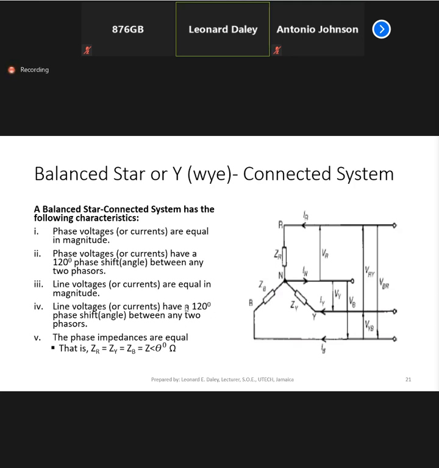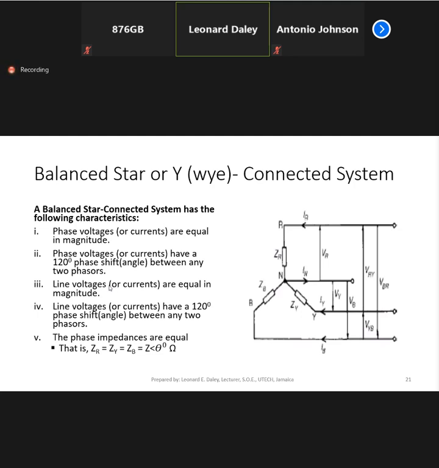So a characteristic of a balanced system is that the phase voltage magnitudes are the same, the phase currents are the same magnitude, the line voltages have their own same magnitudes, and between any two phase voltages, you have 120 degrees, and between any two line voltages, you have 120 degrees.